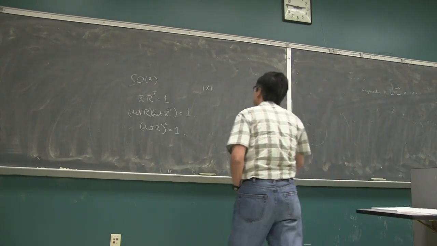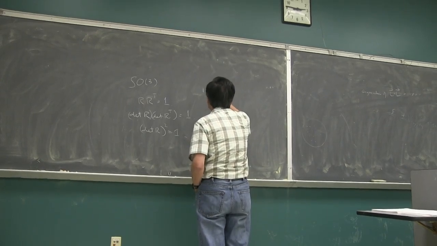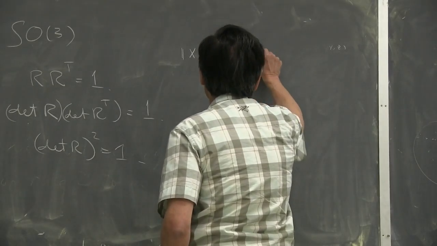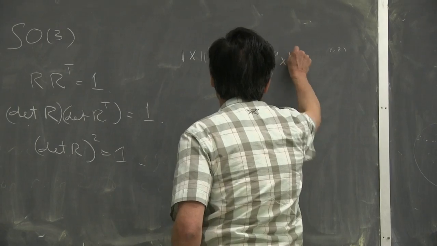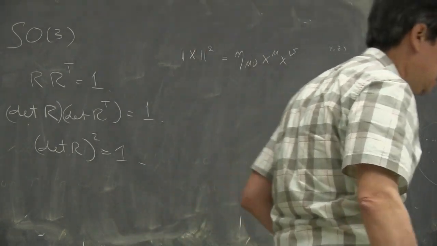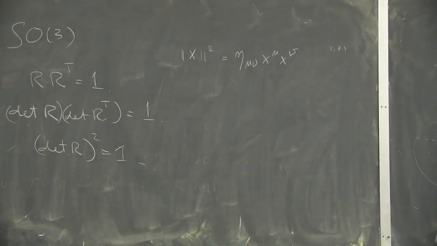Now the length of a vector squared is then defined in this way, right? X mu, as we have just written down. This is defined as the square of the length of the vector.